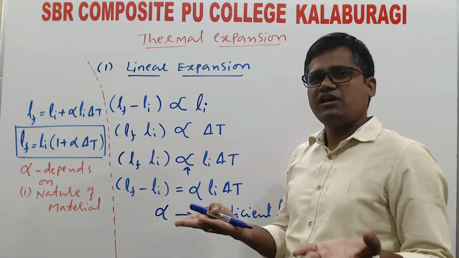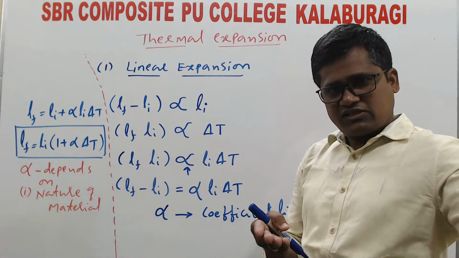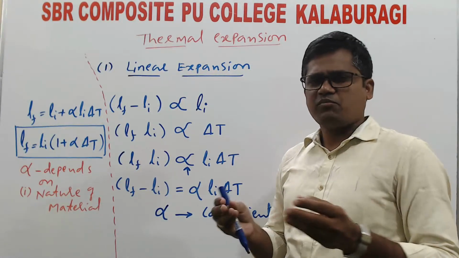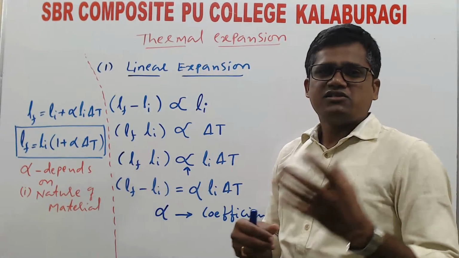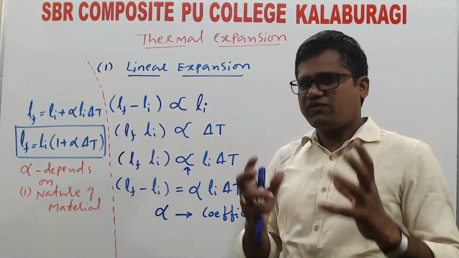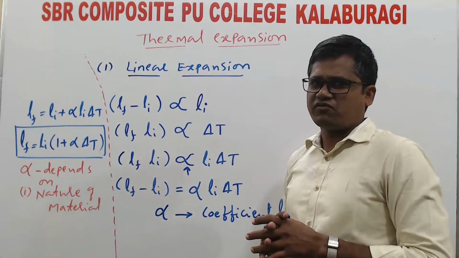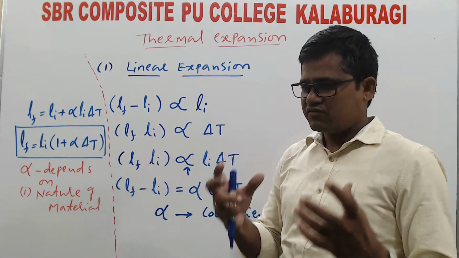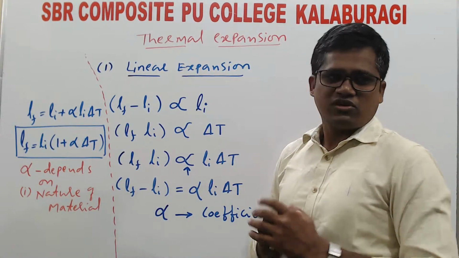Here we can say temperature change is a result of heat flow inside the body. Temperature is the measure of the average kinetic energy of the molecules. Heat is a form of energy, but temperature is not a form of energy. Temperature is a tool to identify the average kinetic energy of molecules.